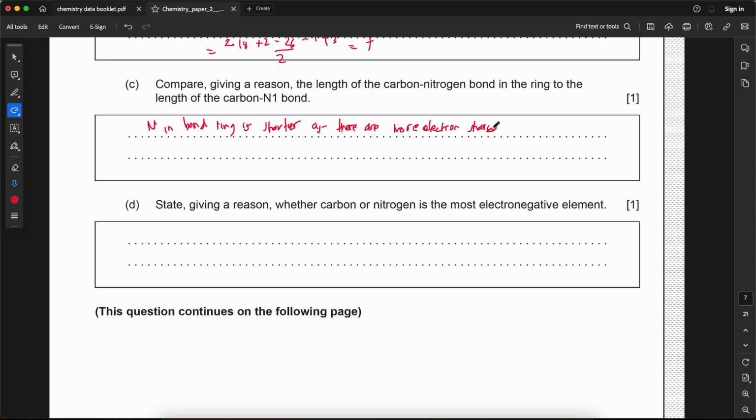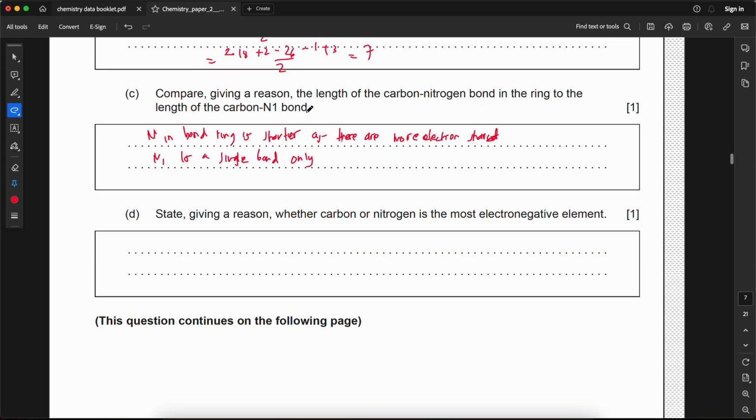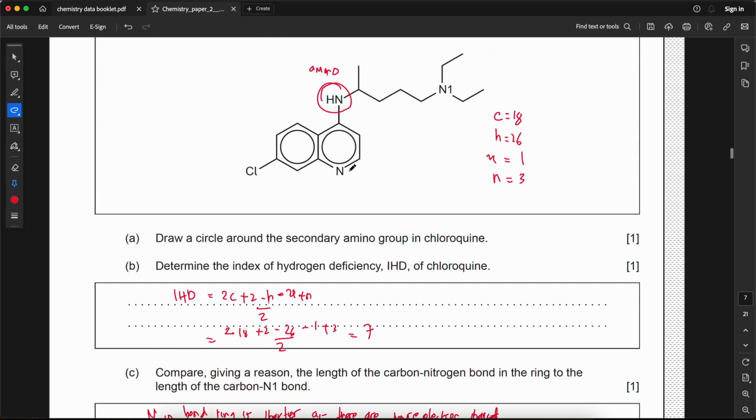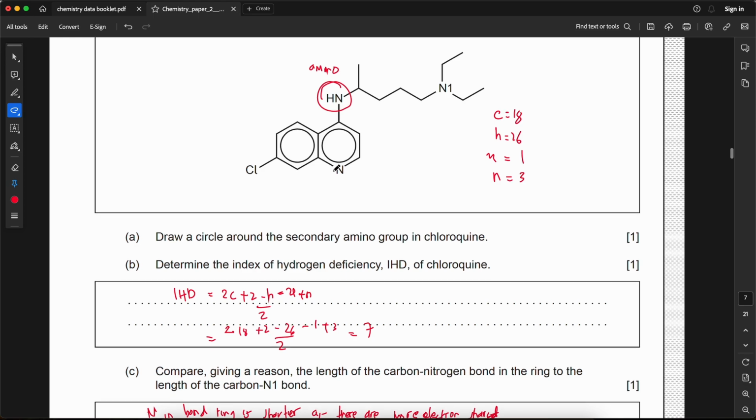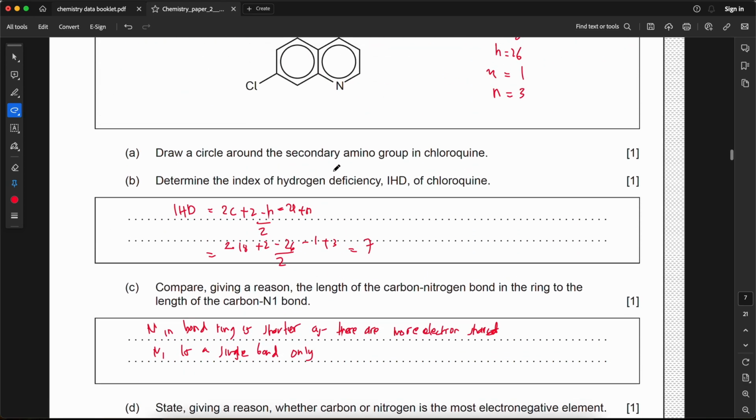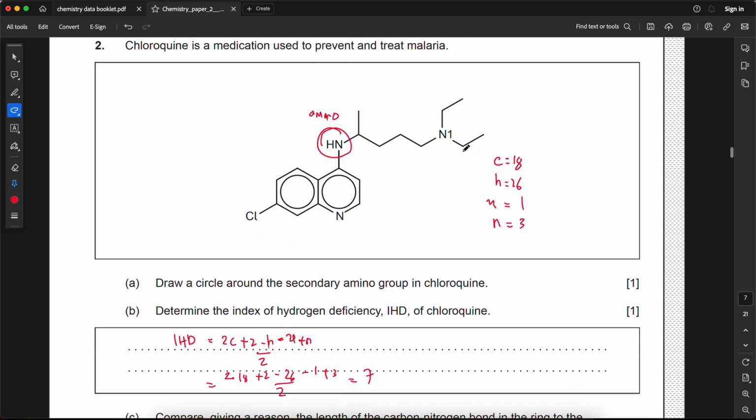It's a double bond anyway, right? And N1 is a single bond only. A single bond is longer compared to the one in the ring. So this is N1, only single bond.